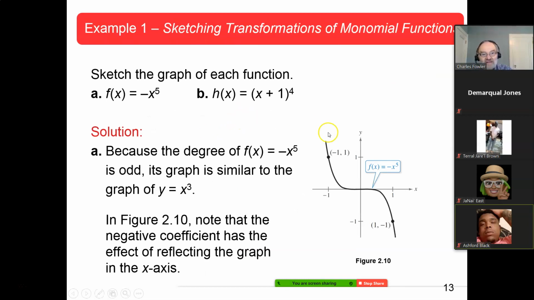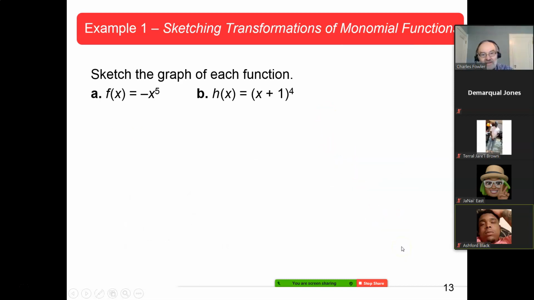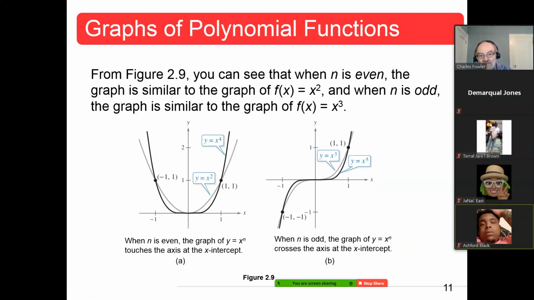There, x is odd, x to the fifth. It's going up to the left, down to the right. Here, when x is odd, cubed, going down to the left, up to the right. X to the fifth, down to the left, up to the right. We'll come back and pick up the evens in a minute.